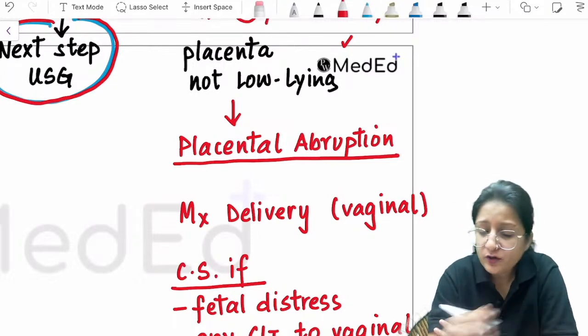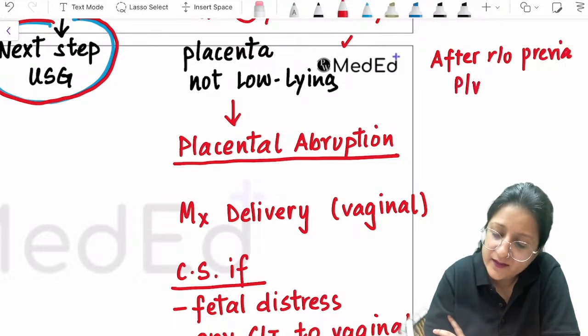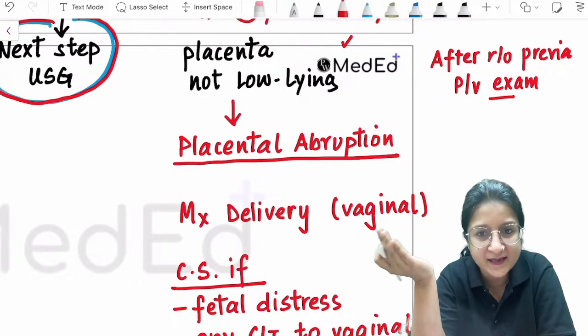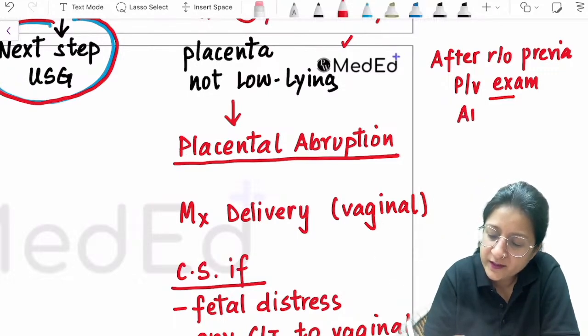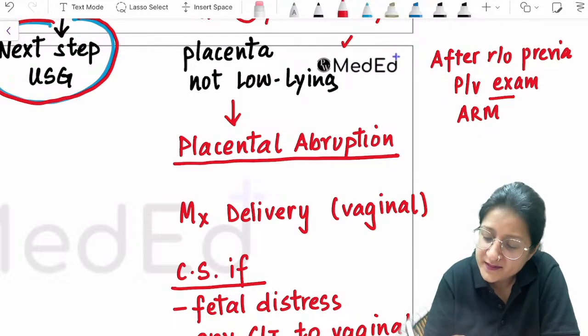Okay, so in your PV examination, after you have ruled out placenta previa, we can find that the woman is already in labor also, like in the previous question where she was already 5 centimeter dilated, right? Then at that point in time, we can do ARM also. ARM can be done, artificial rupture of membranes can be done.